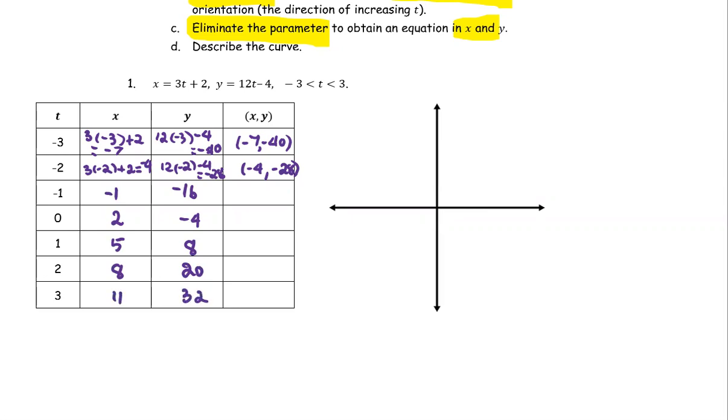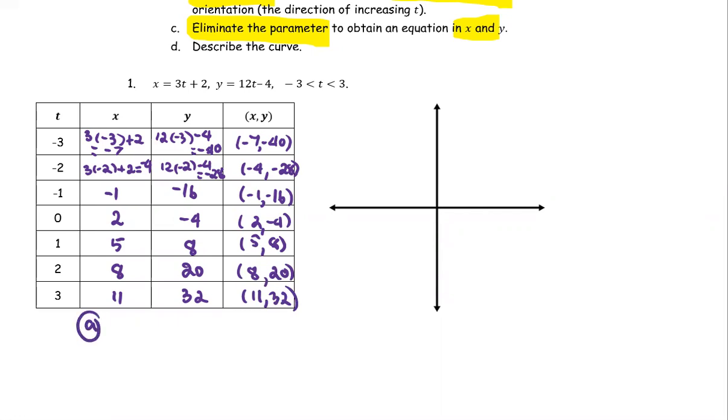Then form the ordered pairs from those values: for t equals negative 1, the ordered pair is (negative 1, negative 16), then (2, negative 4), (5, 8), (8, 20), (11, 32). Now we get the table completed, which is part A.